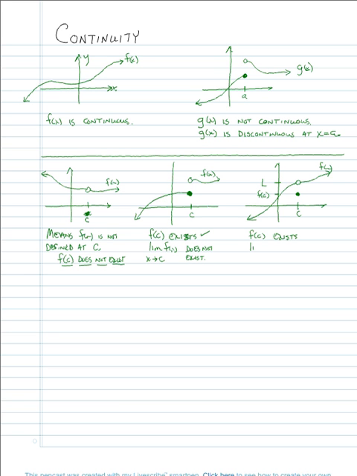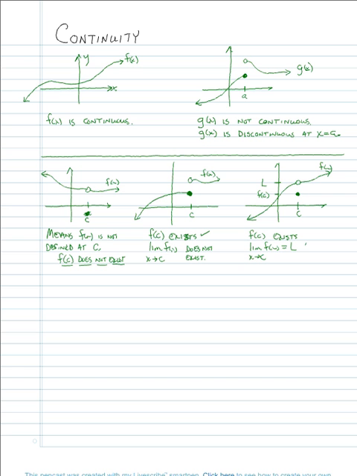And we see that the limit of f of x as x approaches c exists and is in fact equal to L. See, the limit we would get as x approaches c, we'd be getting close to the y value of L above. So the limit exists.